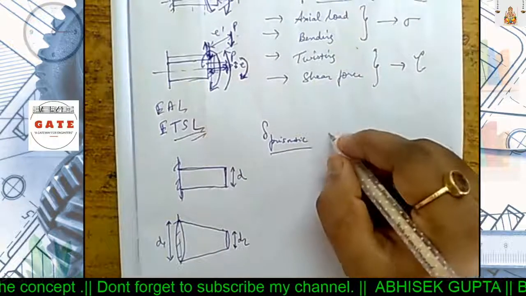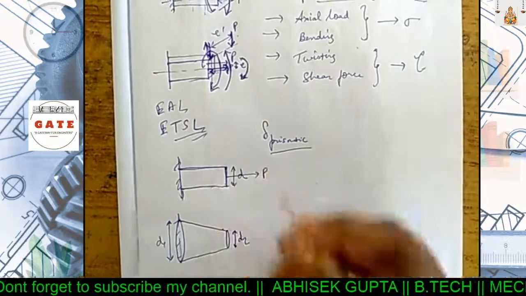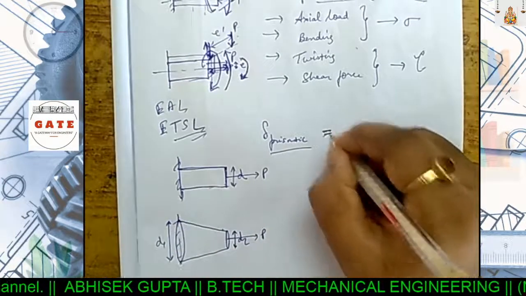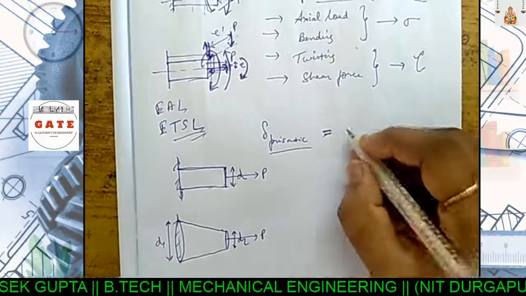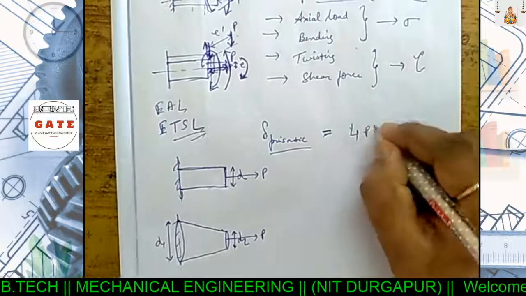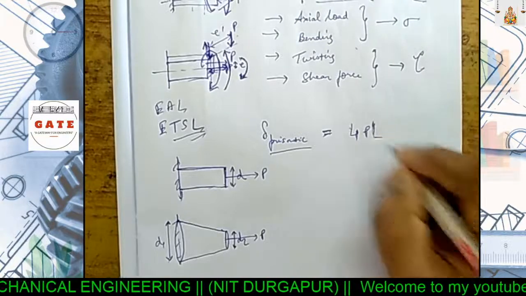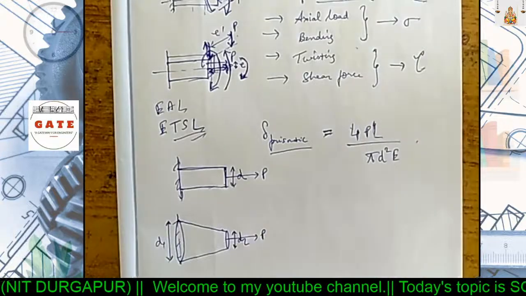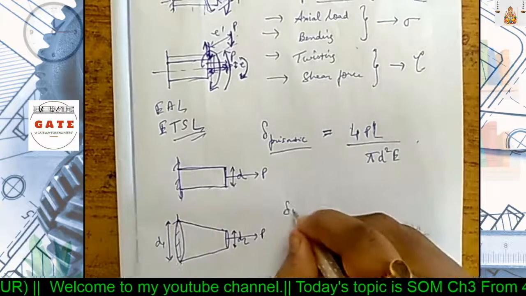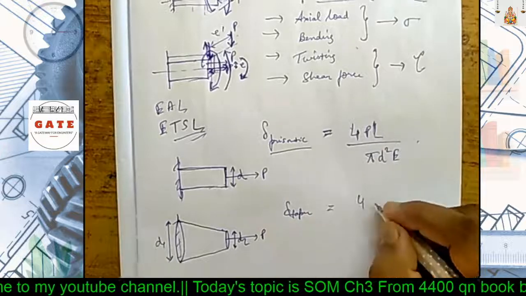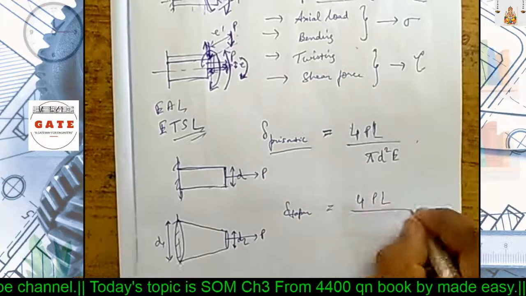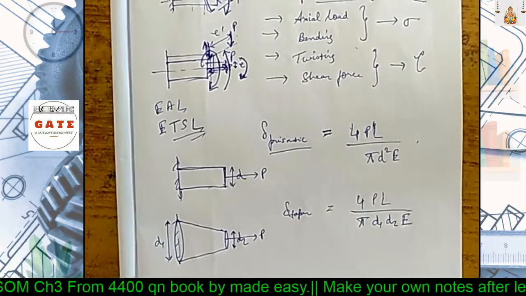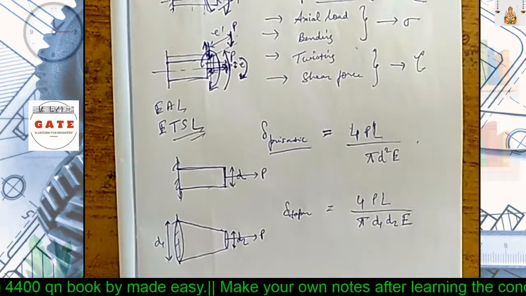So for delta prismatic, if we apply a load P and here also a load P, then the change in length, that is delta or deformation, will be given as 4PL upon pi d square E for a prismatic bar, and for a tapered bar it is given as 4PL upon pi d1 d2 E. Okay, so this is the case.